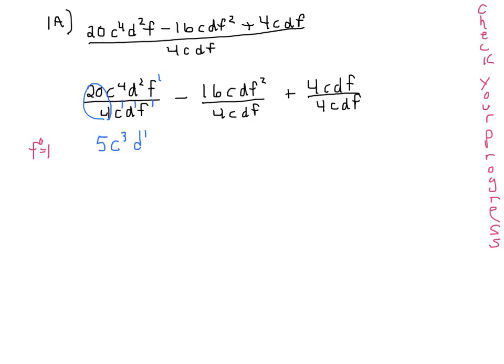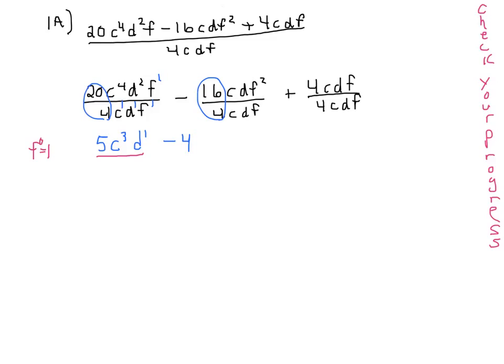So you end up with just a 1 for f, which means with multiplication, since these terms are being multiplied together, you'd be multiplying by 1, it disappears per se, because you just don't need to include it. So if we continue on to the next one, 16 divided by 4 is 4.